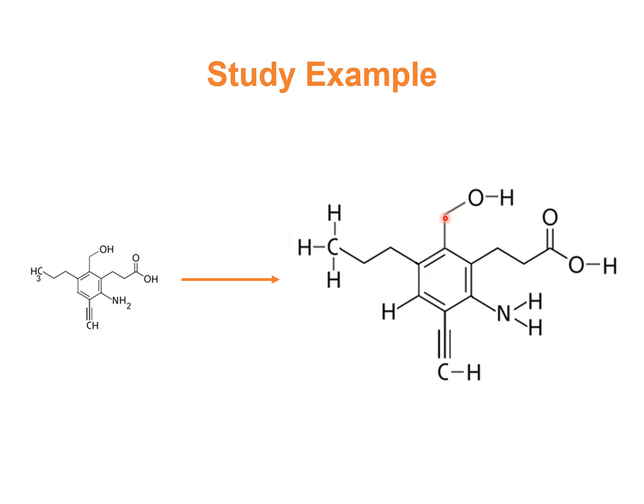Like here, this carbon has 2 bonds, so it will be CH2 because the valency of carbon is 4. But here, carbon has already completed 4 bonds, so it will be only carbon.